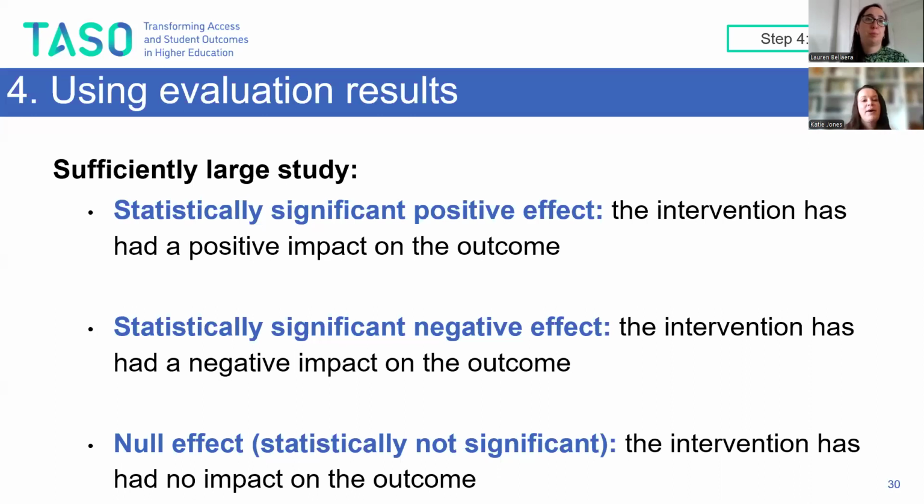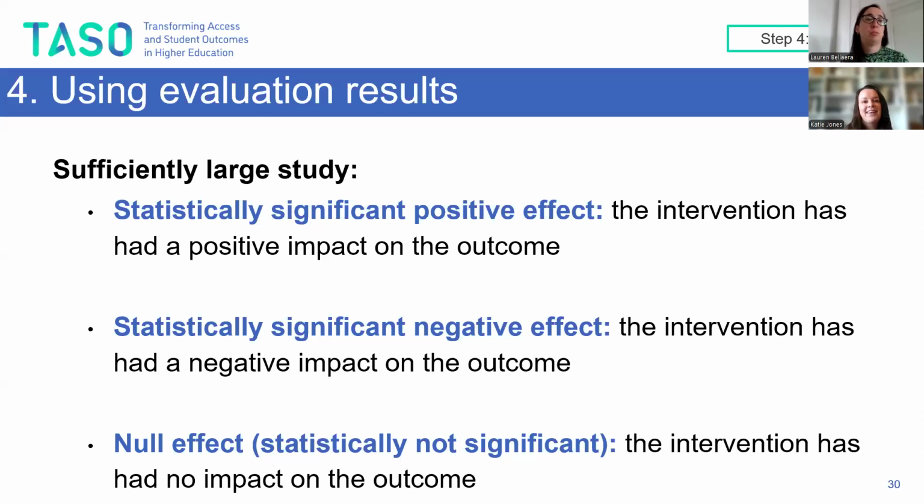Interestingly, if we think about a significantly negative effect, so the intervention having a negative impact on the outcome, this could actually be desirable. So, for example, if you have an intervention that's aimed at reducing a negative experience or reducing the incidence of an adverse effect, then you'll actually be wanting to see a negative effect.